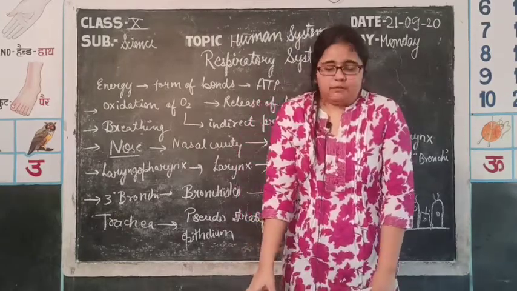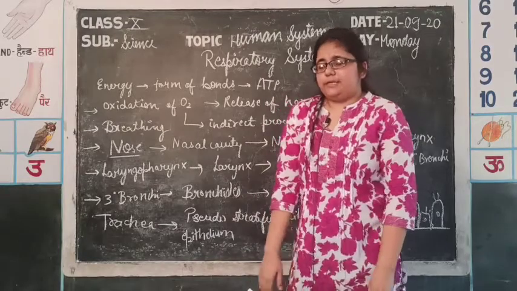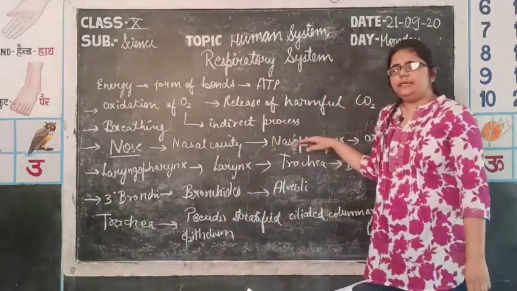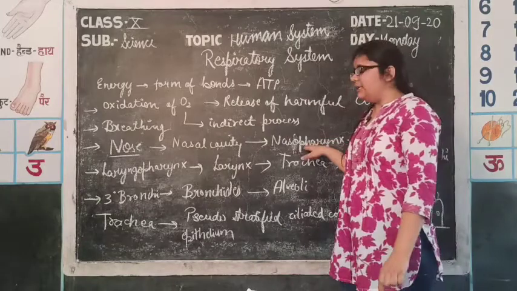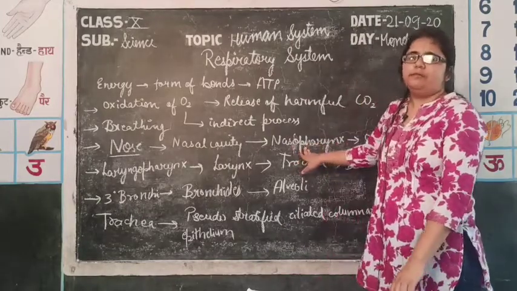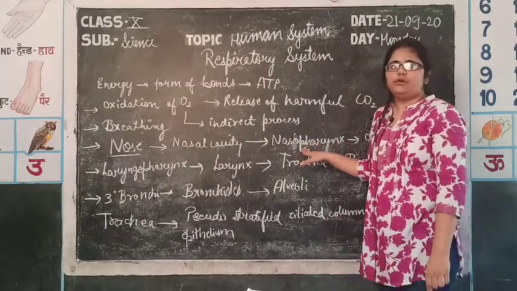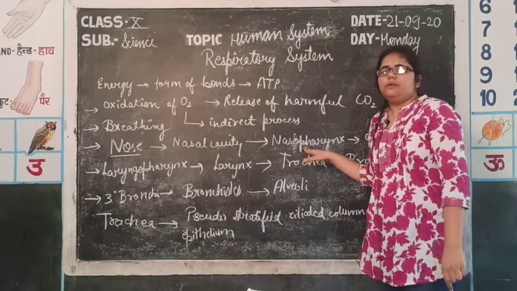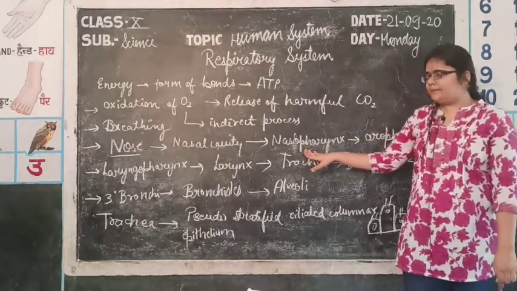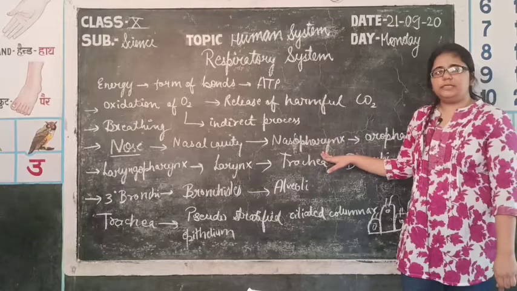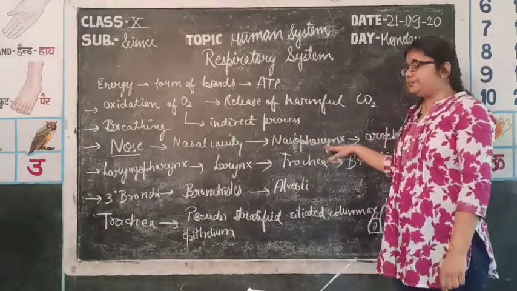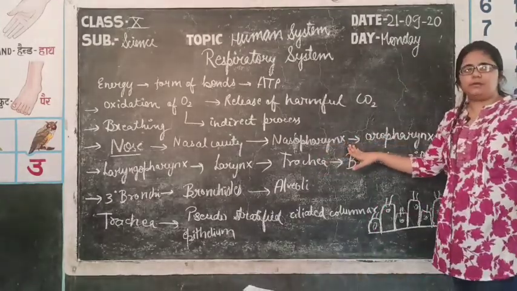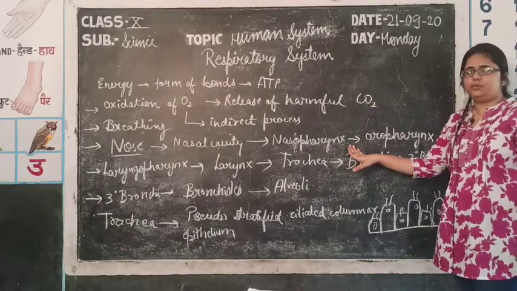Then we will discuss the topic pharynx. We have discussed it in detail in the digestive system. Let's revise it quickly. Pharynx is the common passage of food and air. Pharynx is composed of three parts mainly. First one is the nasopharynx, the part of the pharynx located near the nose.